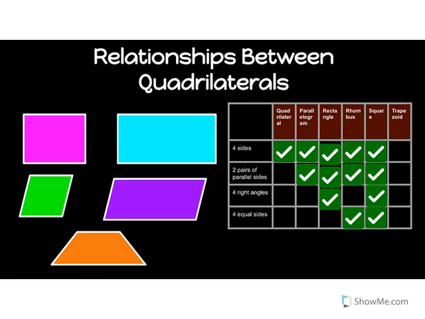Trapezoid, he's the weird one. He's got 4 sides. He does not have 2 pairs of parallel sides. He does not have 4 right angles, and he does not have 4 equal sides. It always has one really long side and one really short. So our oddball, trapezoid, he only fits one box right here.